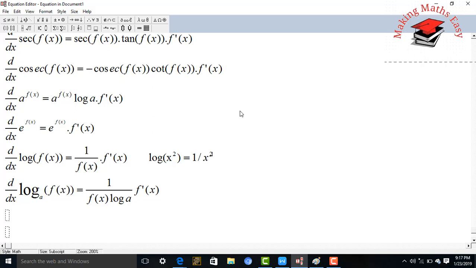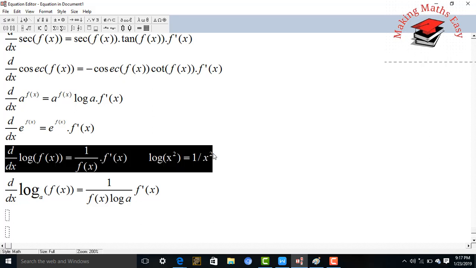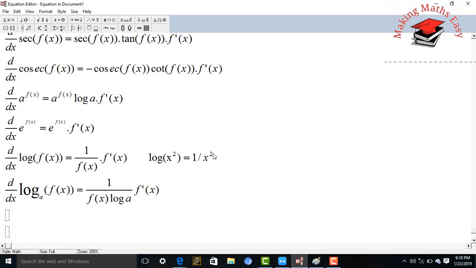The final answer will be 1 divided by x square into the derivative of x square, which is equal to 2x. So I have to multiply the 2x with this function, and the final answer I will get is 2 divided by x. So x will get cancelled in this case. So the final answer will be 2 upon x.